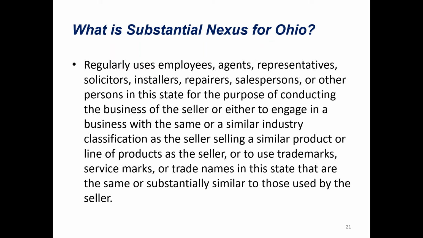Also engaging in something in a similar industry or classification, something with a similar product line, maybe a closely related company that has the same products, or use of a trademark, service marks, or trade names. They don't have to be completely interconnected companies, but could be licensing those trade names to each other and acting together. Those things will give you substantial nexus in Ohio.